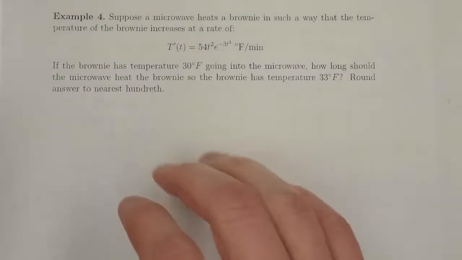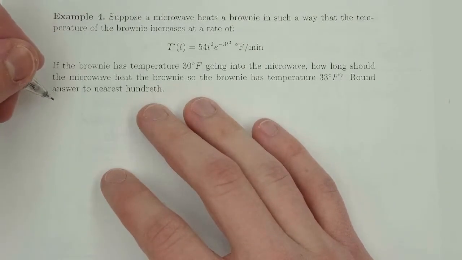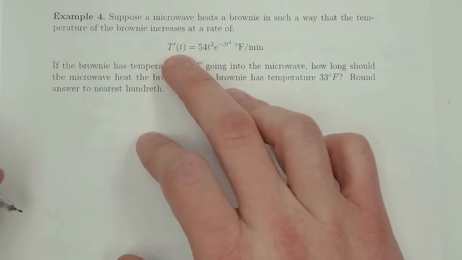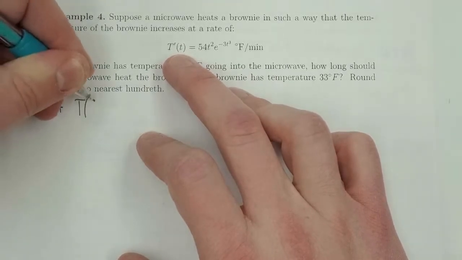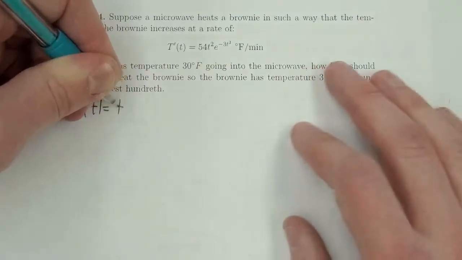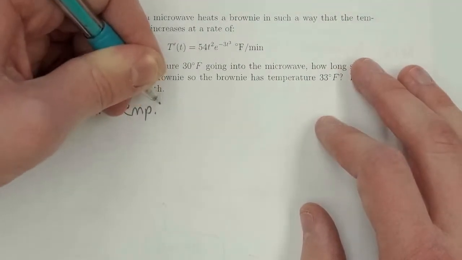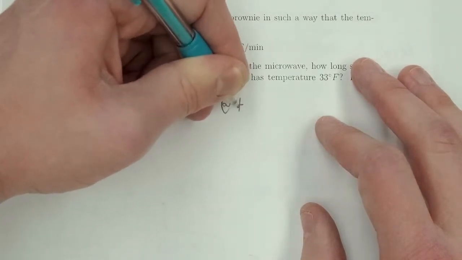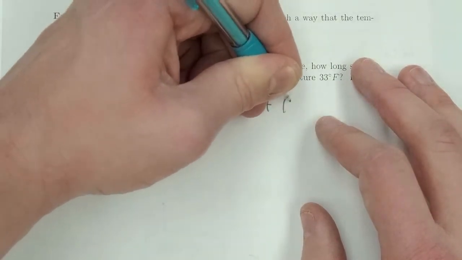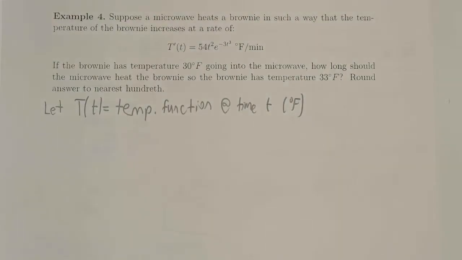Okay, so in this case, as per the problem's notation, we're going to let capital T of little t denote the temperature function at time t in degrees Fahrenheit. Okay.